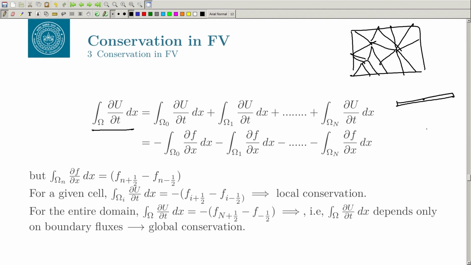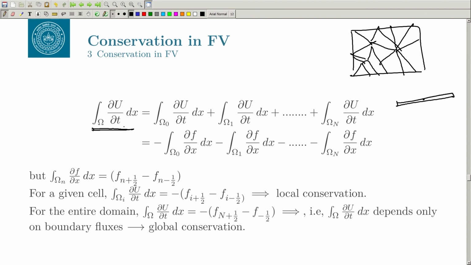In one direction the variation is very high, so this kind of cell will create problems. There are some considerations when you are trying to make a grid. These cells will have problems in getting convergence, or the solution may blow up also.